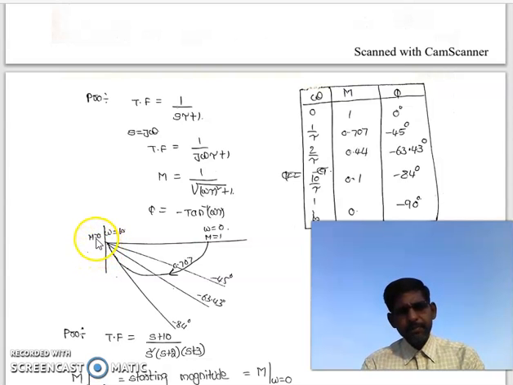Now you can observe here, for omega equal to 0 the magnitude is 1. Here the magnitude is 1, and here the magnitude is 0.